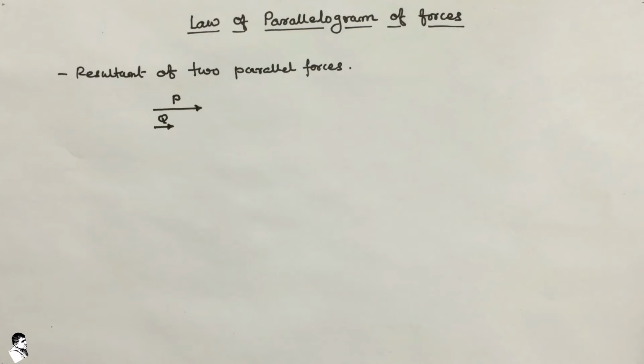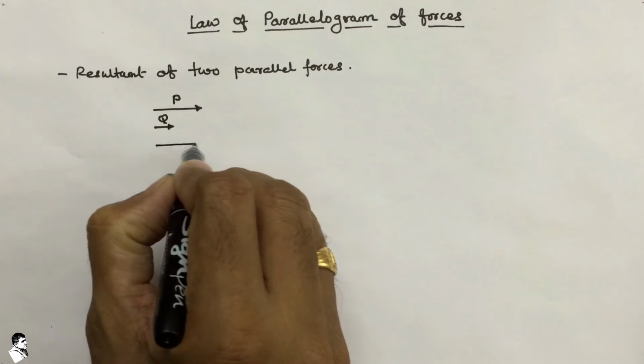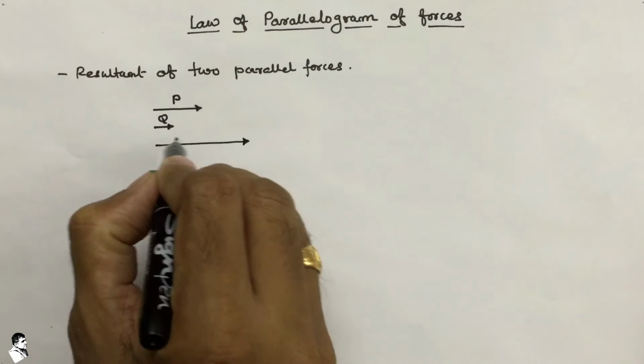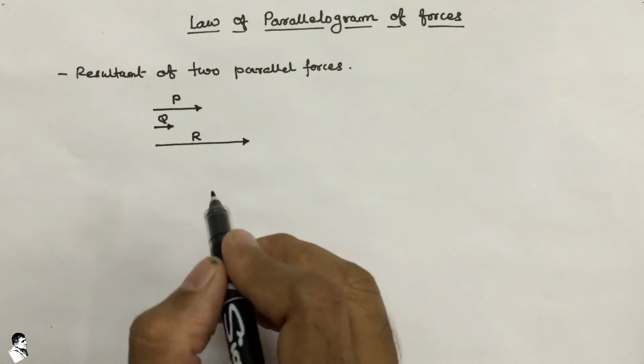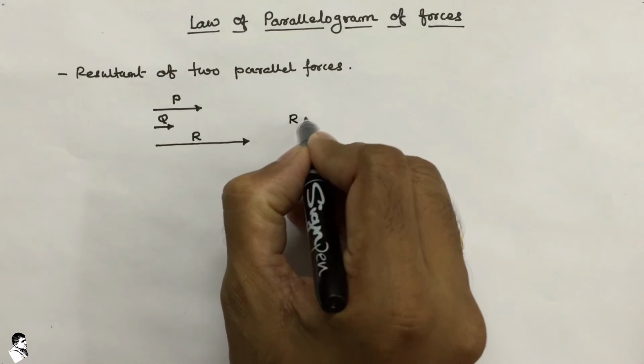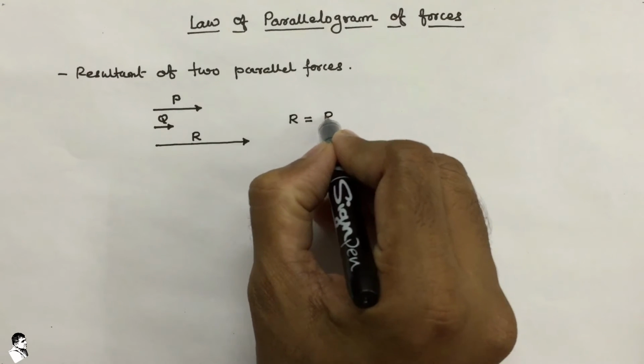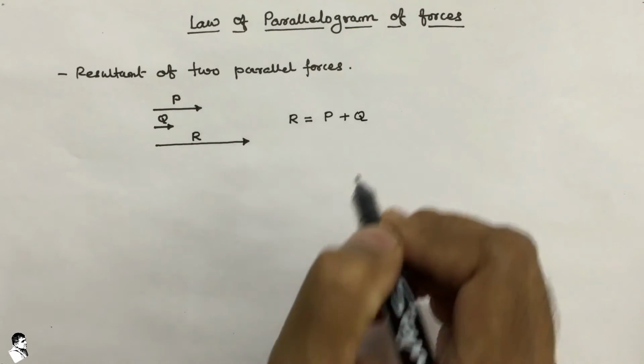Then the effect of these two forces is the same as a single force, which we denote with a capital R. That force is generally known as the resultant force of the two forces P and Q.